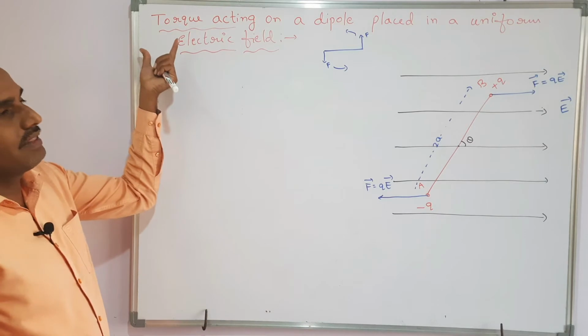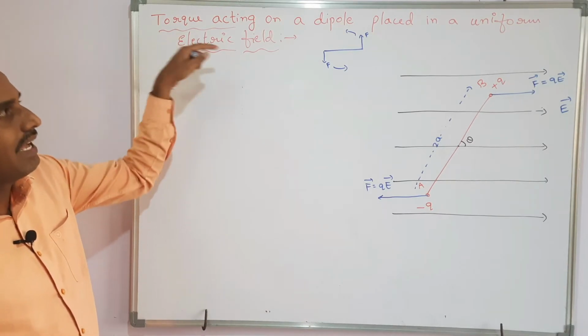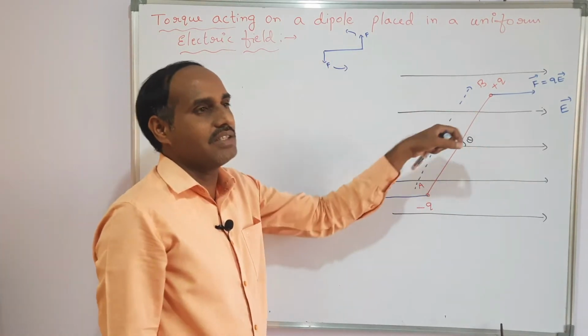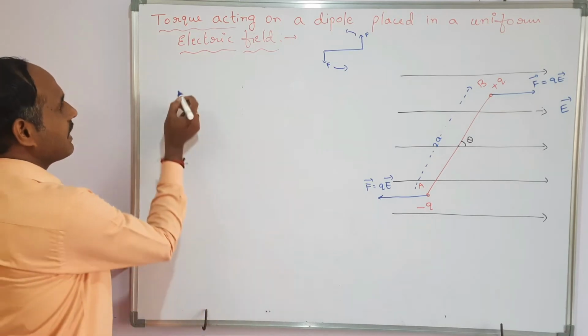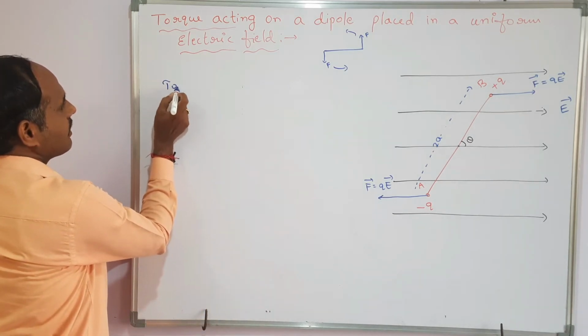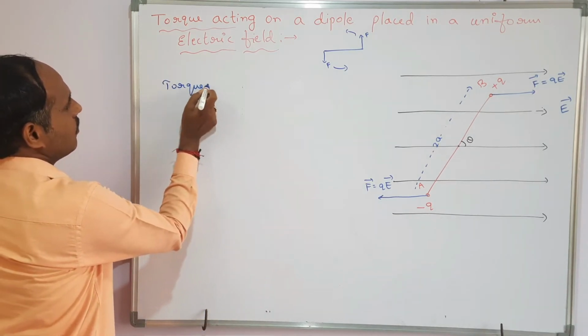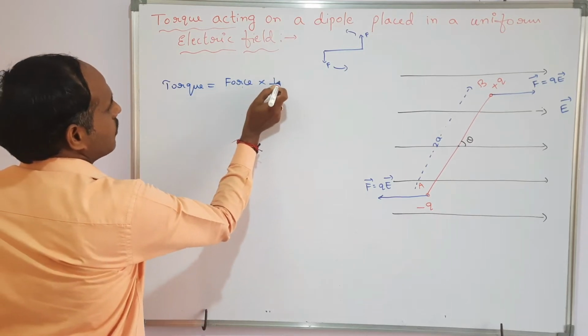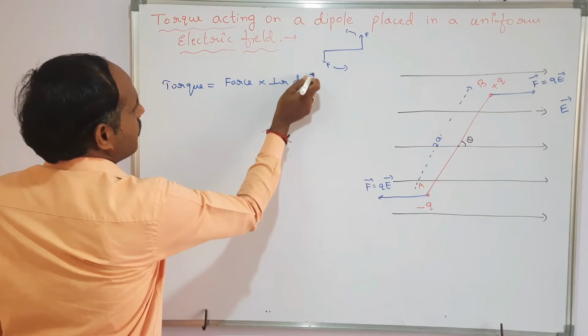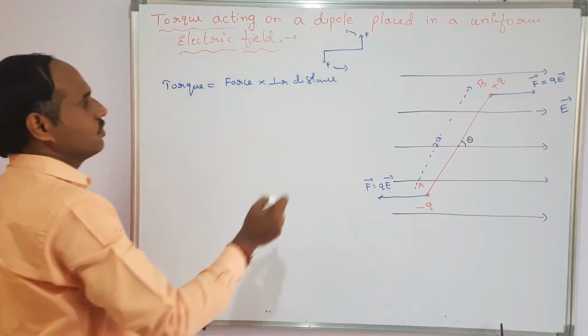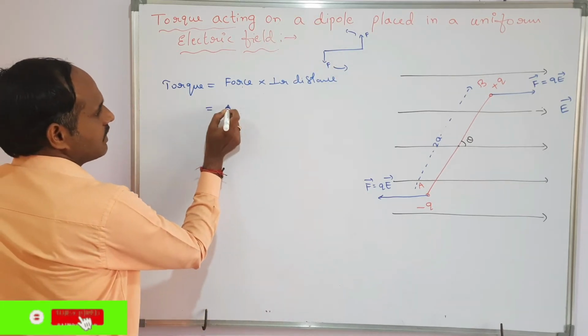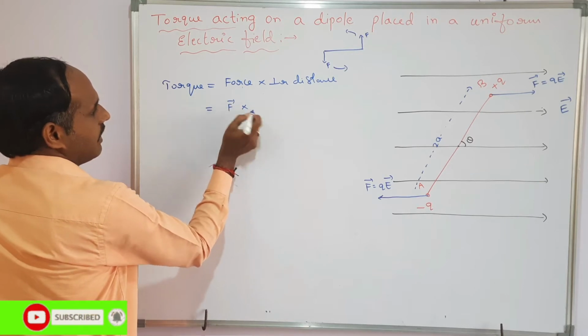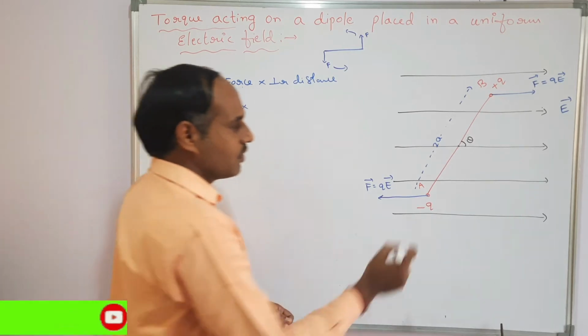Here, that is the torque acting on a dipole placed in the electric field. From rotational mechanics, torque is equal to force into the perpendicular distance between those two forces. Here the force is F bar, and we need the perpendicular distance between the two forces.